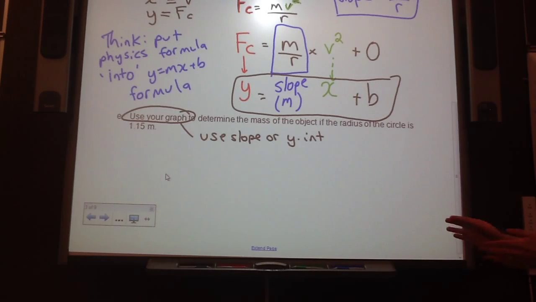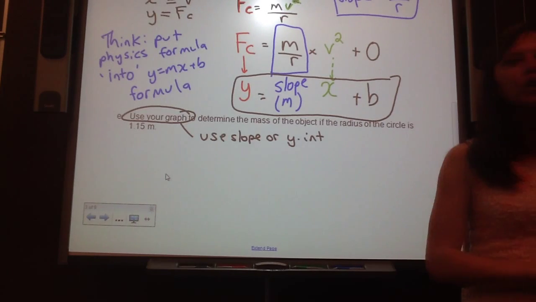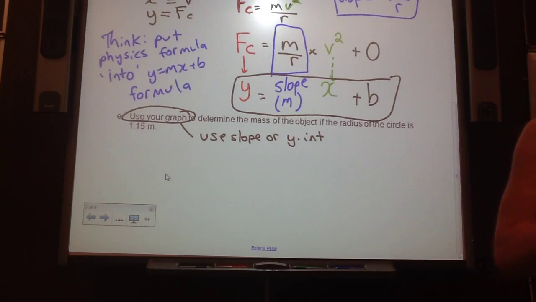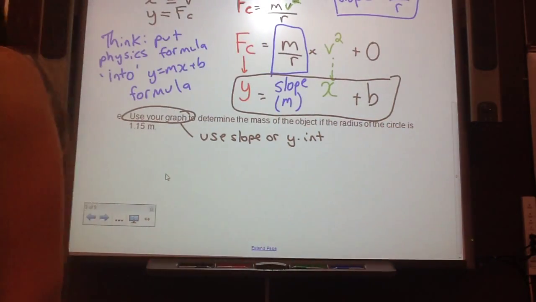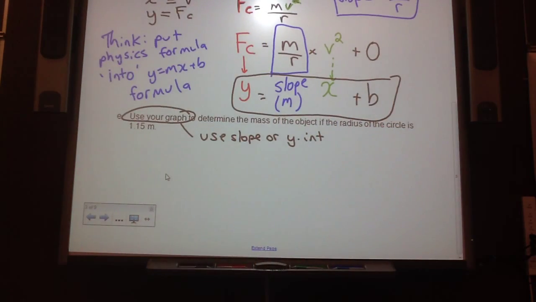Now, what you will do is find slope with that graph, okay? So, did you draw a line of best fit with it? It's pretty much connect the dots, like your line of best fit, right? Yes? Yeah. Everything connects quite linearly.